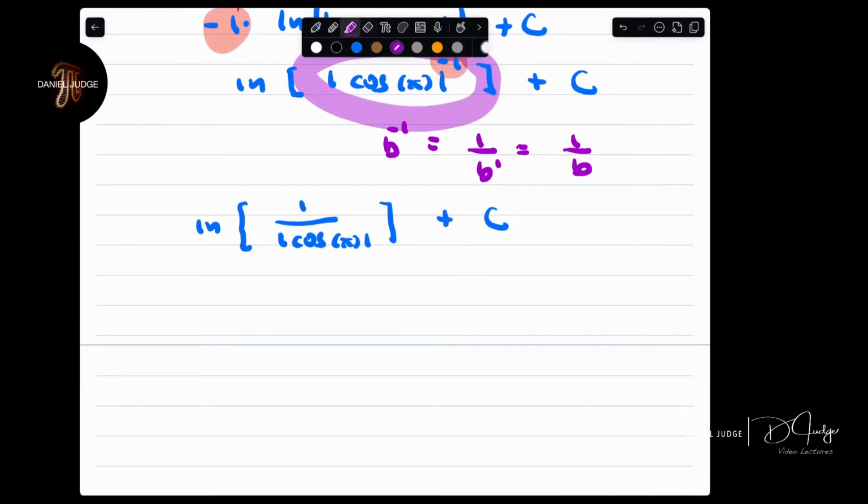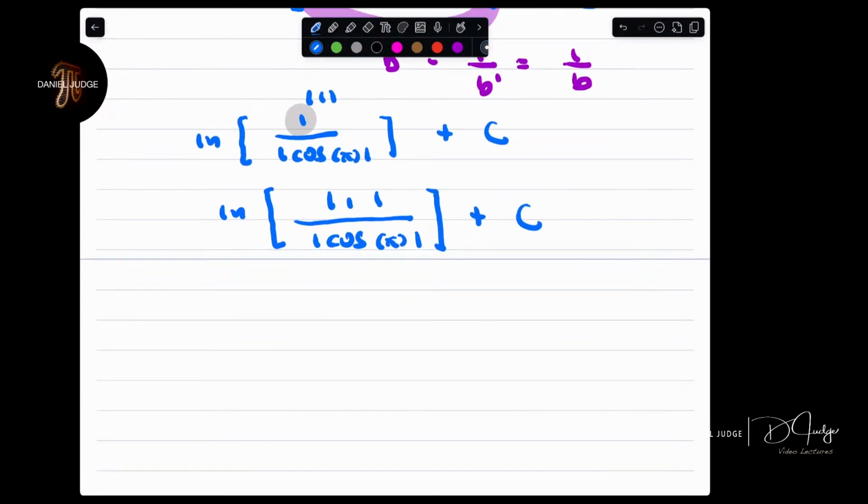Now, you can think of this 1, just so you guys know, as the absolute value of 1. So you have the absolute value of 1, because that's what it's equivalent to, is the absolute value of this cosine. So let me get this here.